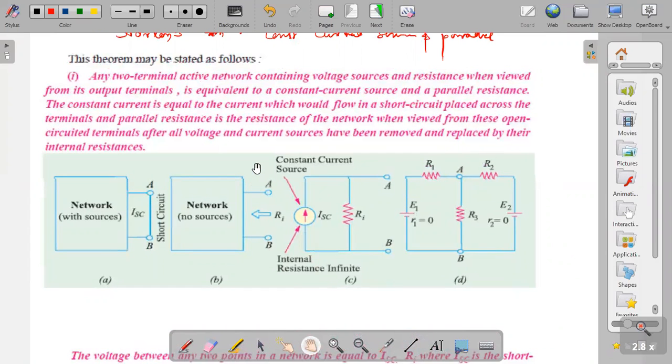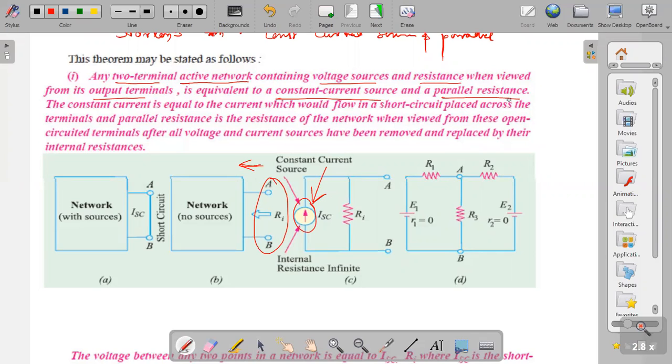Now see, in Norton theorem, any two terminal active network, this is the important word I will underline, any two terminal active network containing voltage sources and resistance, when viewed from output terminals, these are the output terminals, is equivalent to a constant current source, this is your constant current source, and parallel resistance.